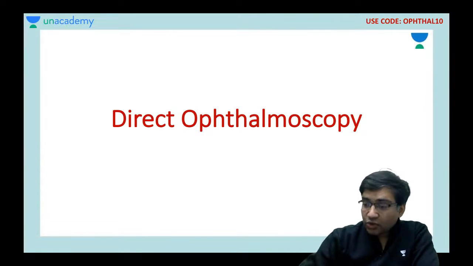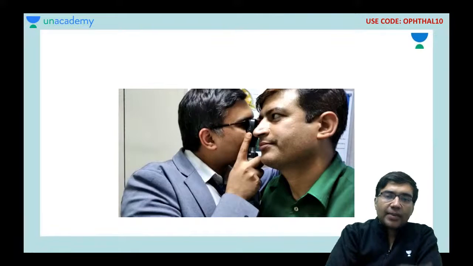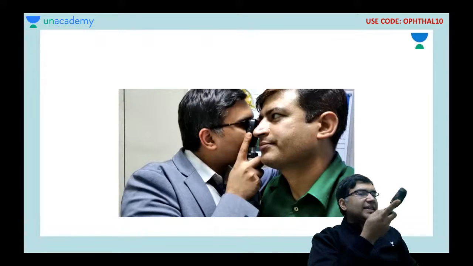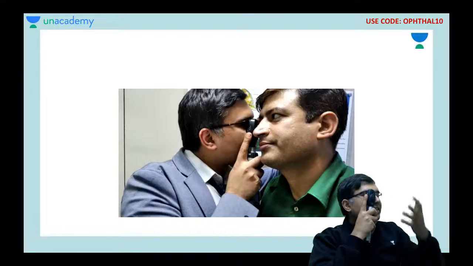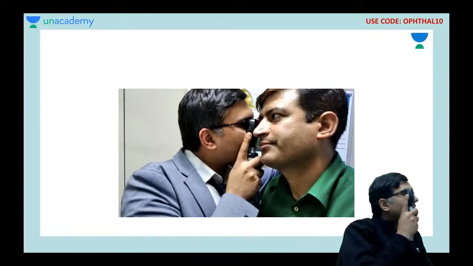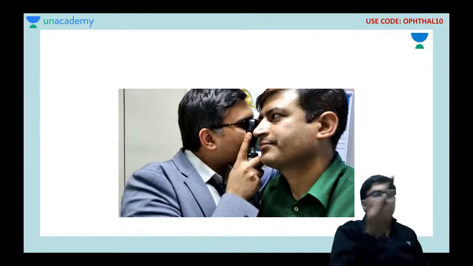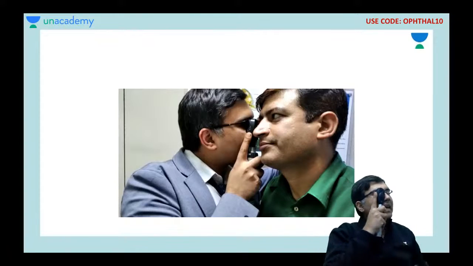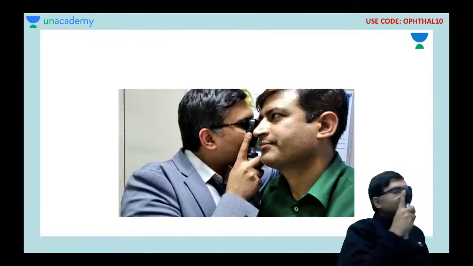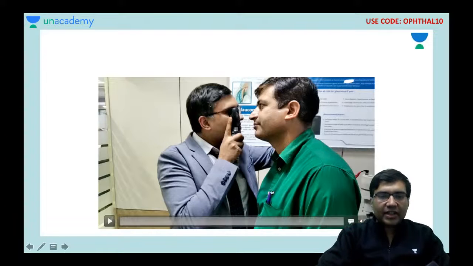Okay, so how do you do it? I am holding this direct ophthalmoscope with my right hand, and if this is the patient, I am seeing the right eye of the patient with my right eye. Is it clear? I would show you a video for that.